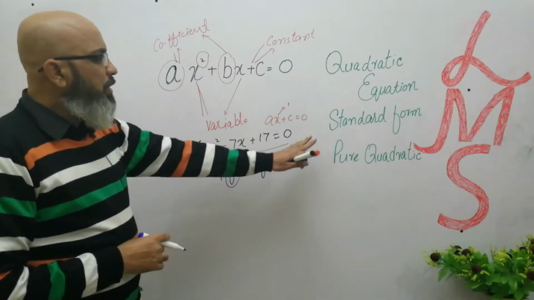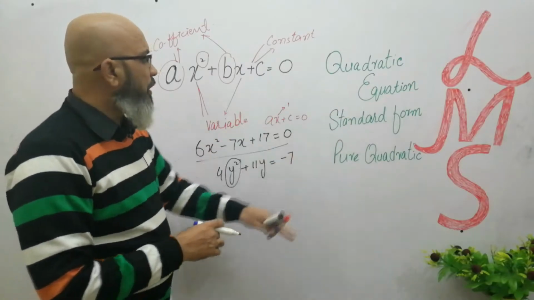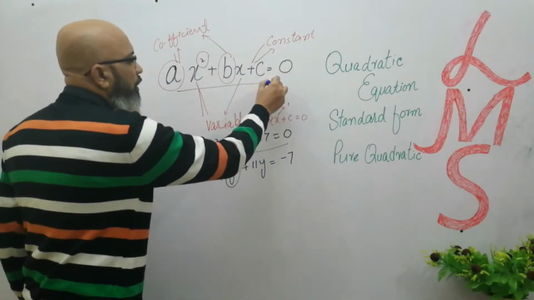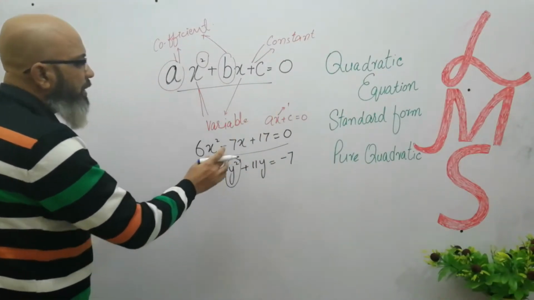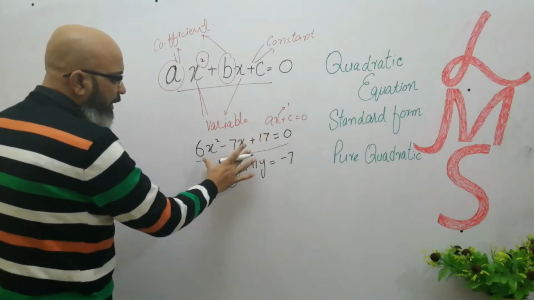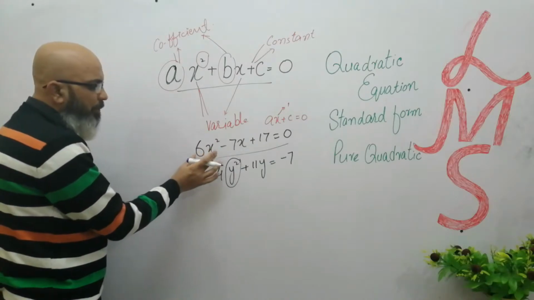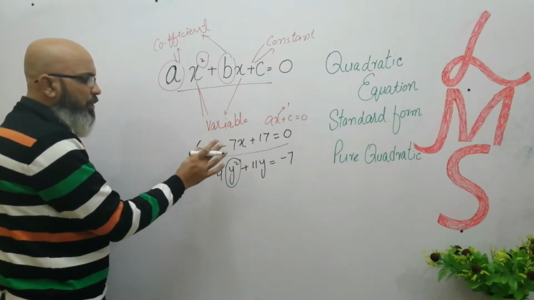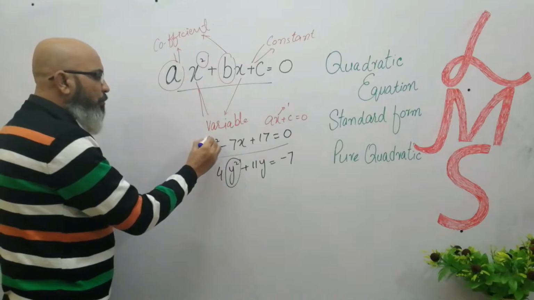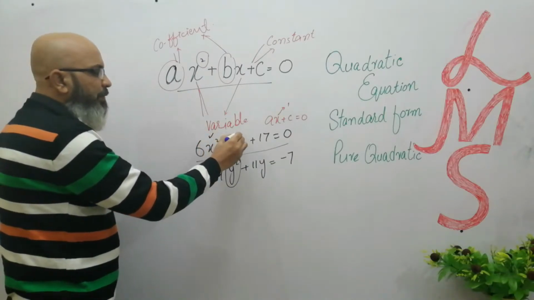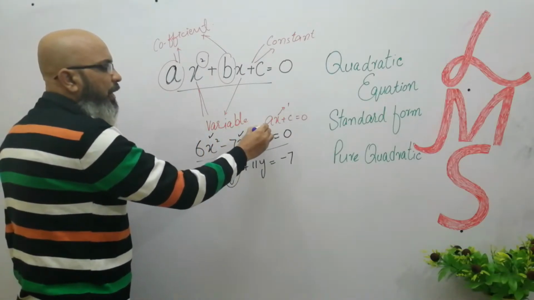So now come to what is the standard form of quadratic equation. This is the standard form of your quadratic equation. Means if we have, right, I write this equation here. I give you two examples. So if you look at this example, is this a standard form? Yes. What is standard form? The arrangement, first I will write x square, then I will write x, and then I will write constant.